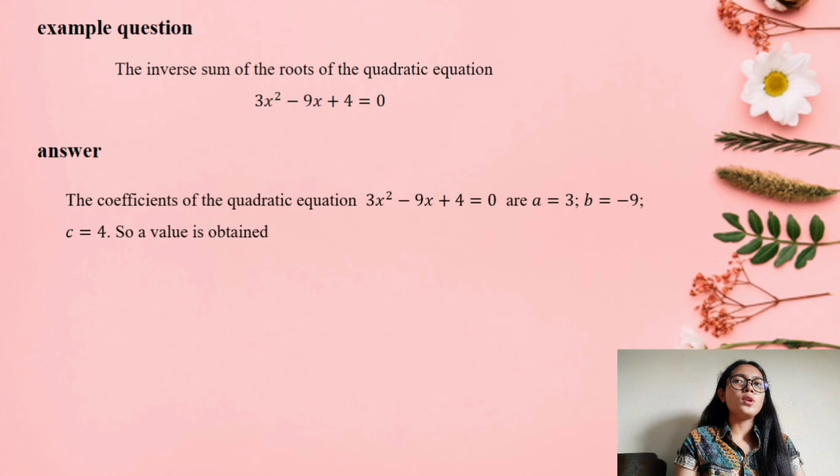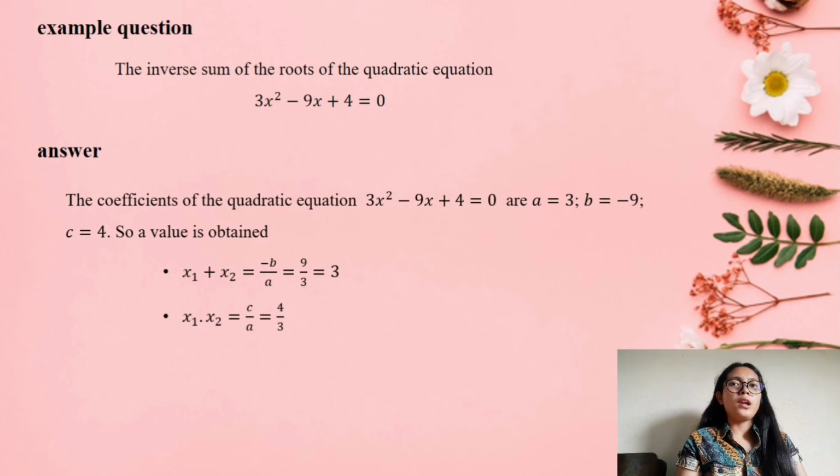So we obtain x1 plus x2 equals minus b over a equals 9 over 3 equals 3. Then x1 times x2 equals c over a equals 4 over 3.